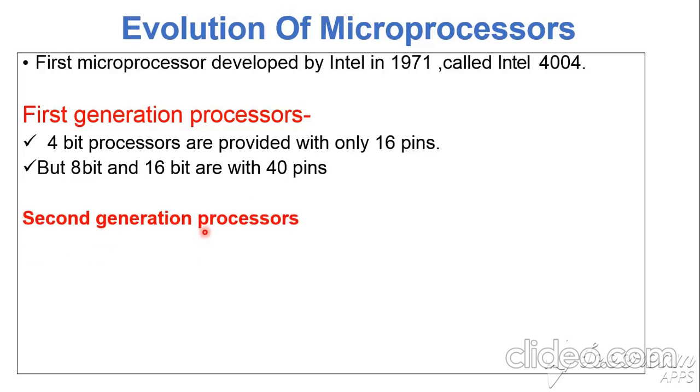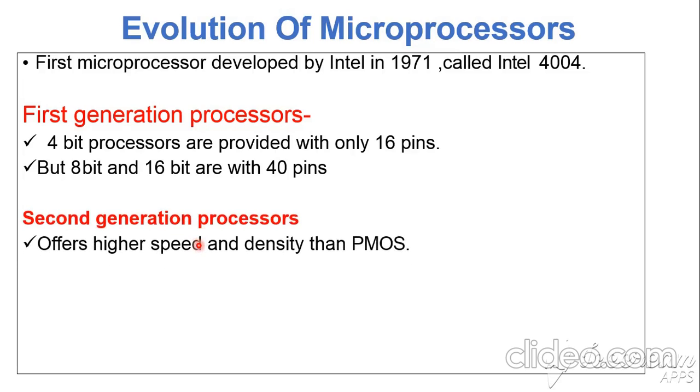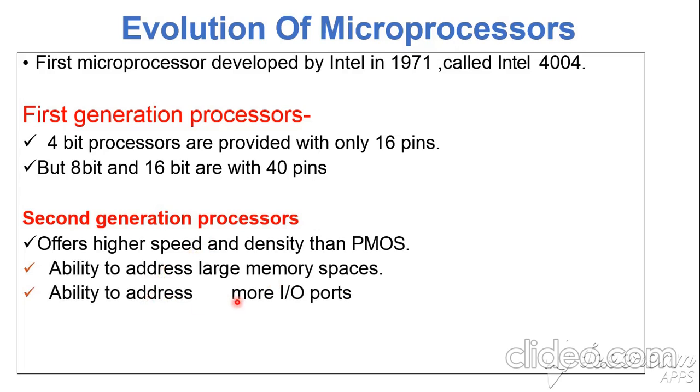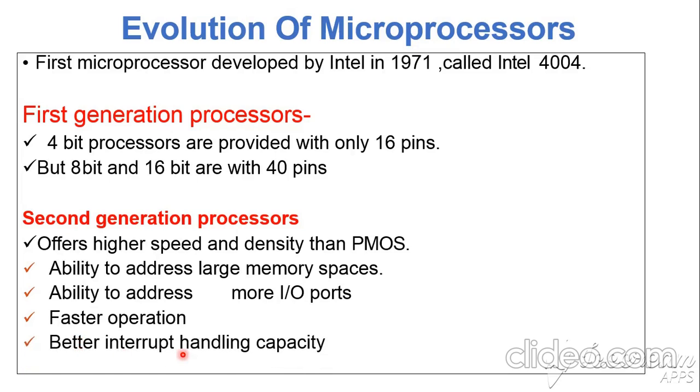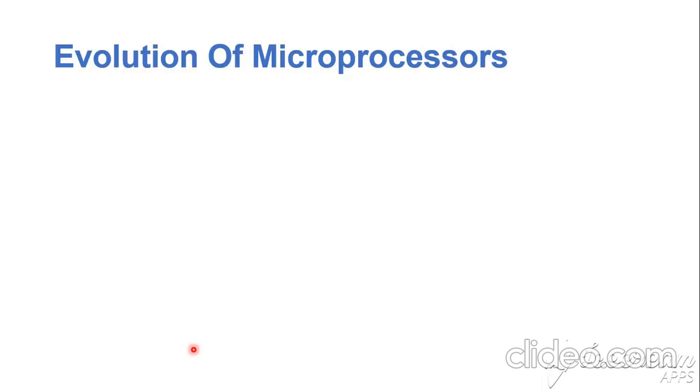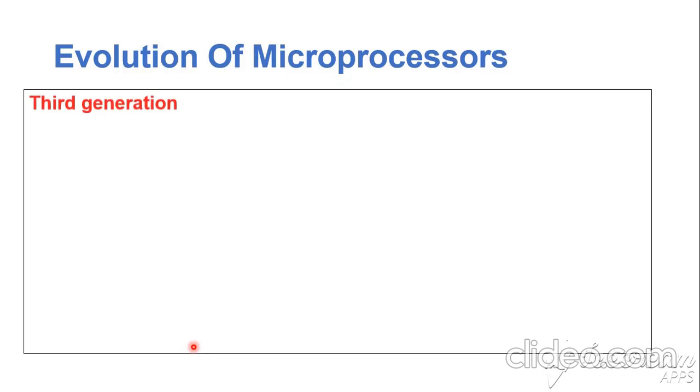Then second generation processors. Second generation processors offer high speed and density compared to the first generation, with NMOS technology. PMOS technology was used in first generation microprocessors. Then ability to address large memory spaces, ability to address more input or output ports, faster operation, better interrupt handling capacity are other features of second generation microprocessors.